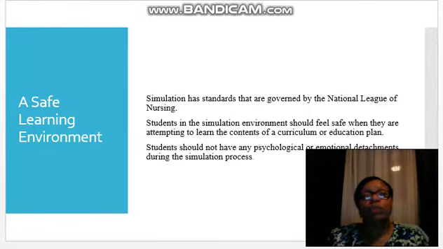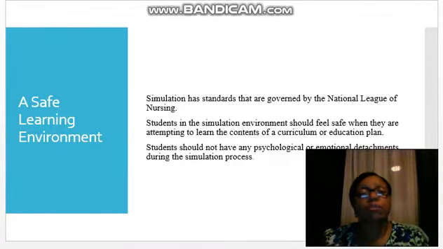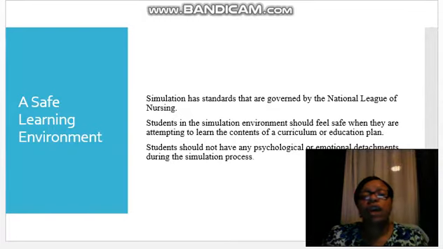Whenever the educator is doing this, they must keep in mind that the students should feel safe in the learning environment, and the students should not have any psychological or emotional detachments during the simulation process. And we as educators have to remember, we have to use positive reinforcement or positive redirection.